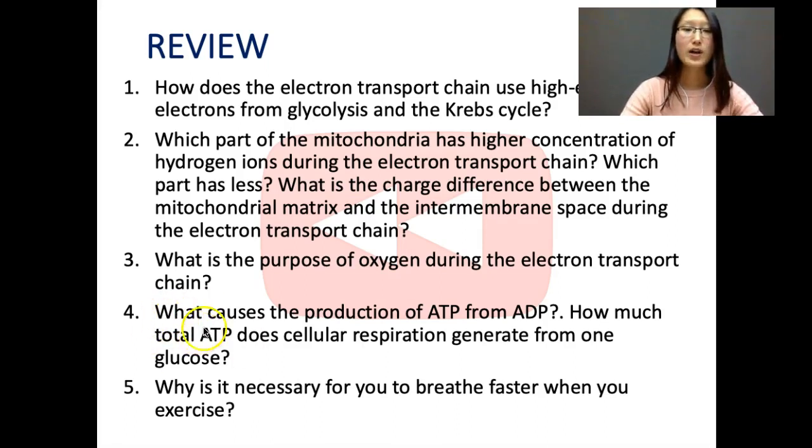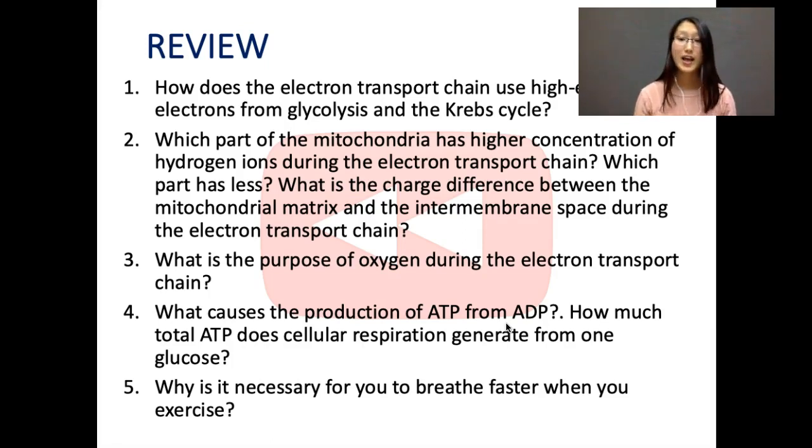Number 4, what causes the production of ATP from ADP? It is the hydrogen flowing through ATP synthase that allows ATP synthase to spin in order to make ATP.